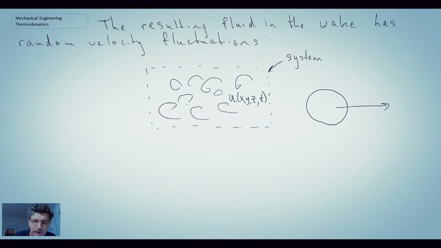And so what we're going to do is take a look at the energy equation for an incompressible stationary fluid. So this would be from a course in fluid mechanics. And we're just going to look at it so that we can examine the terms that are in this equation.